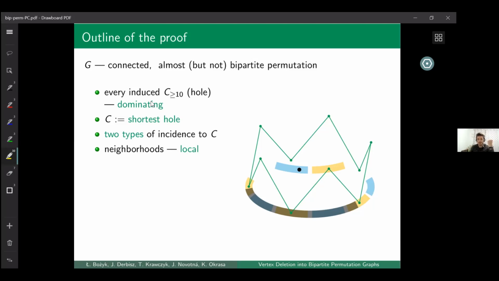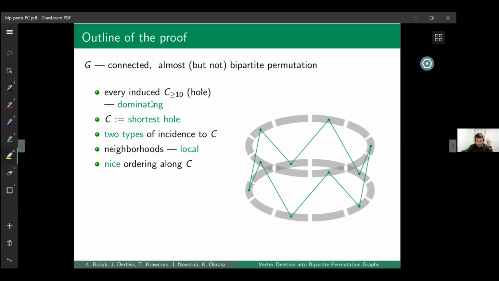After we forget about it, we can prove that this local collection of vertices satisfies these ordering properties, which allow us to see this bipartite permutation graph. And after we merge the orderings, which are constructed locally, into one or two long cyclic orders, these circular orderings, we actually get what we want.